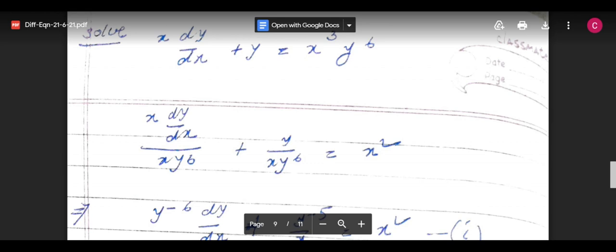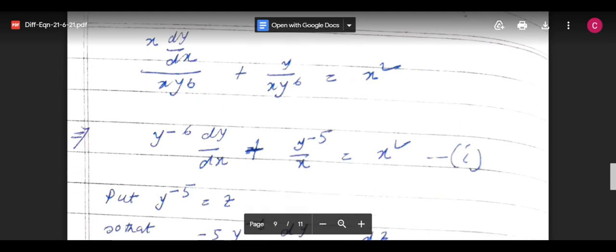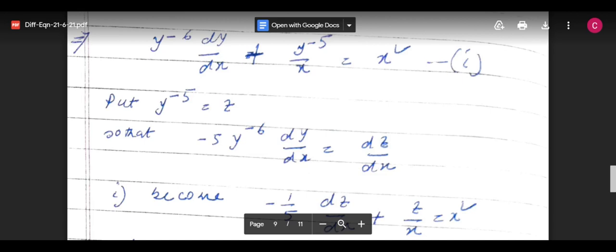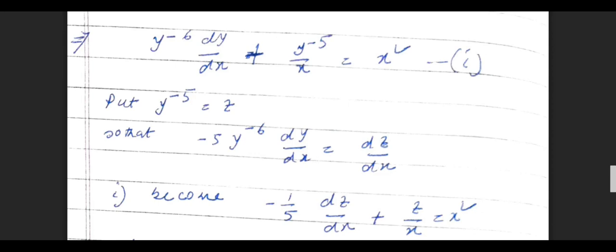Next semester, when I modify the syllabus, I'll add. You should learn the higher degree also. Engineering mathematics, everything is there. Achha, I am adding one problem. It will be difficult for you.